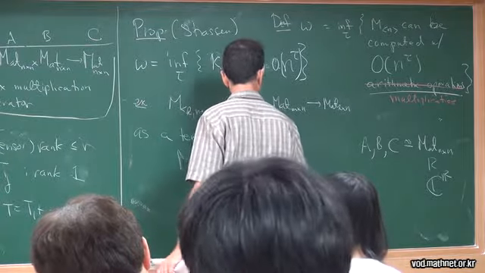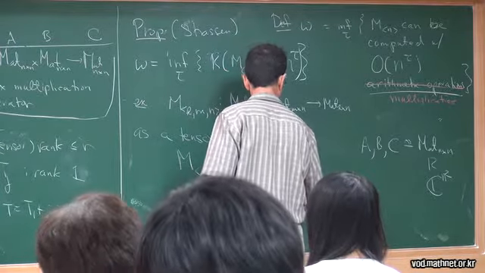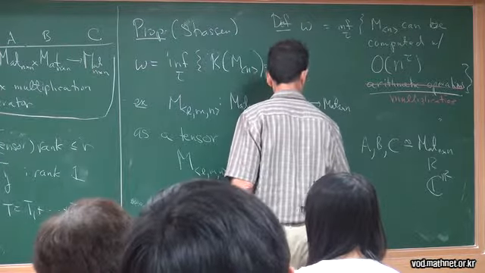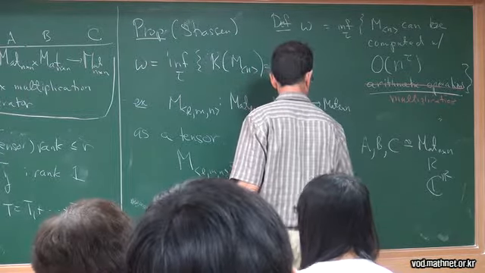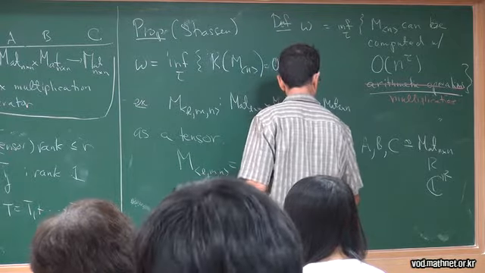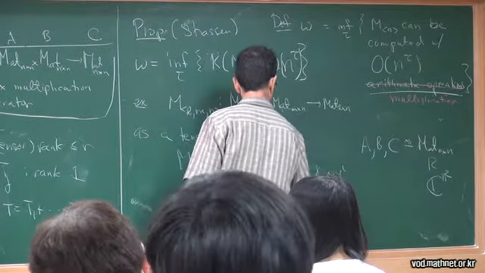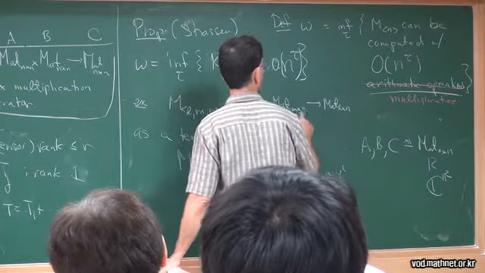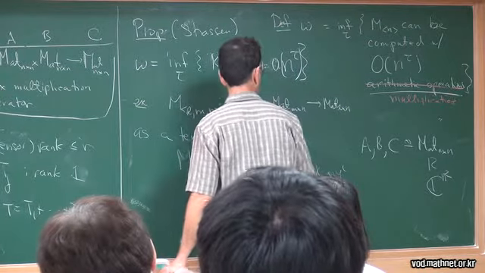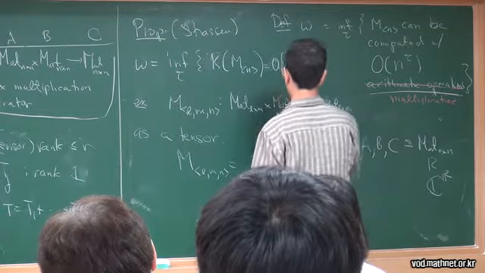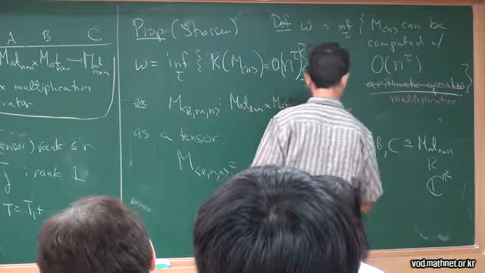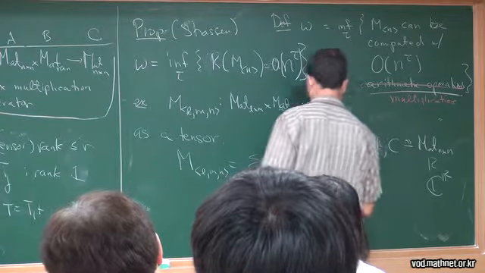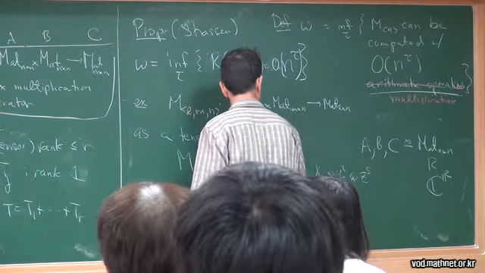Let's write it as 3 summations. I equals 1 to M, X, I, tensor Y, I, J, say S equals 1 to N of Y, I, S, tensor Z, S, and say U equals 1 to L.